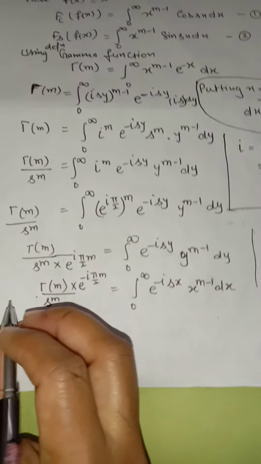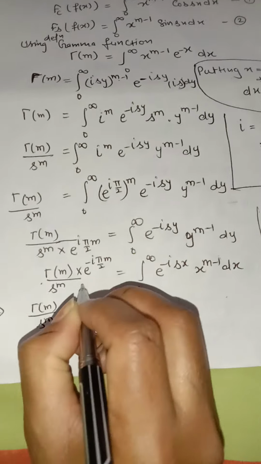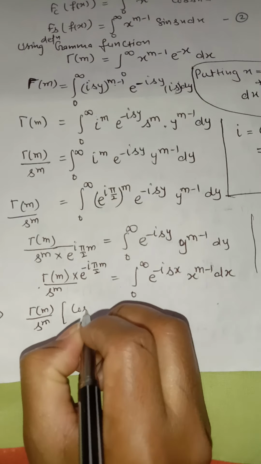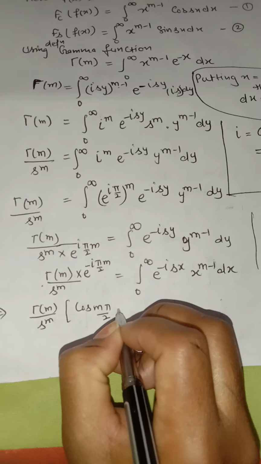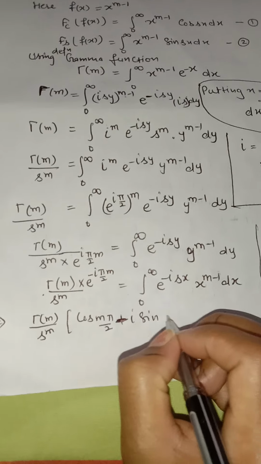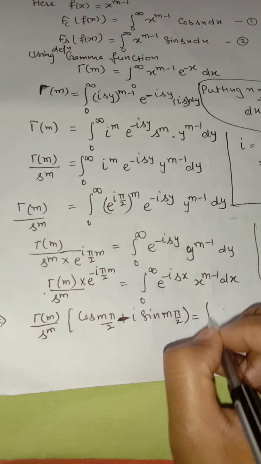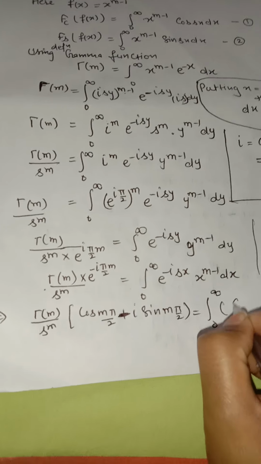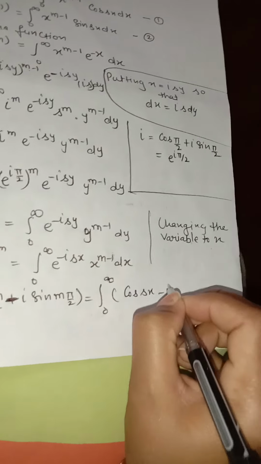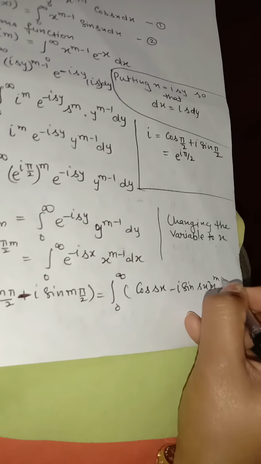Now from left side gamma m upon s raised to power m and e raised to power minus iota pi by 2 m can be written as cos m pi by 2 minus iota sine m pi by 2, and right hand side can be written as integral 0 to infinity cos sx minus iota sine sx, x raised to power m minus 1.